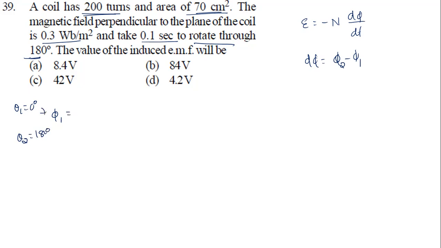First case, phi 1 is B A cos 0 degree. B is 0.3 into area 70 into 10 power minus 4 into cos 0 degree is 1. So it will become 21 into 10 power minus 4 Weber.